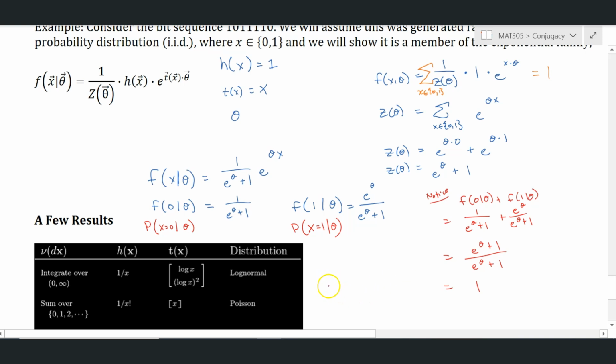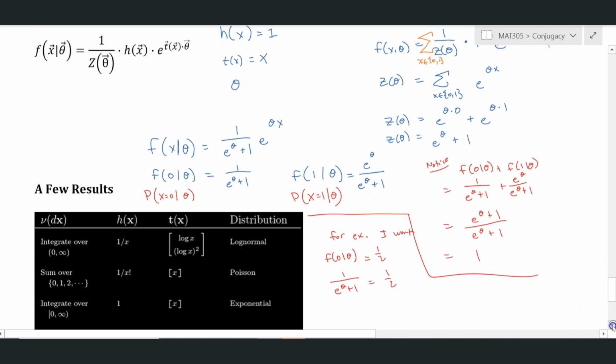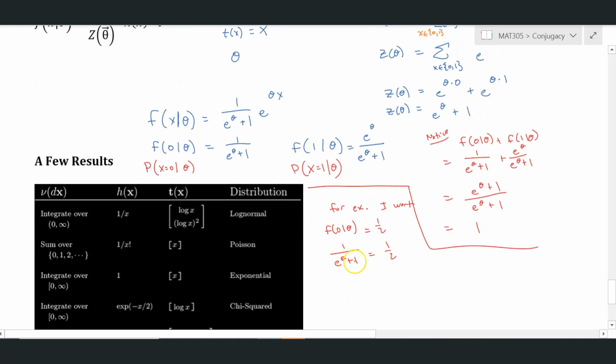But if you wanted f of 0 given theta to equal 1/2, that means I need 1 over e to the theta plus 1 to equal 1/2. That tells me I need the denominator to equal 2. So e to the theta plus 1 equals 2, which means e to the theta equals 1.